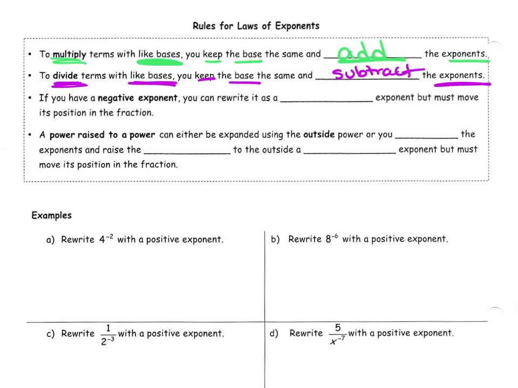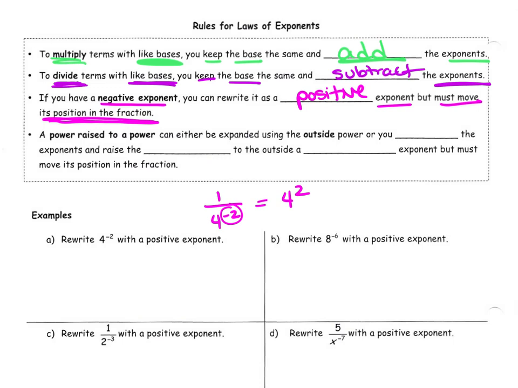All right, I'm just reiterating all the facts we just talked about. If you have a negative exponent, you can rewrite it as a positive exponent, but you must move it into the denominator, okay? Or the numerator. It's actually going to depend. You could see something like this. And to get rid of that negative exponent, we would actually raise it up. So it's just flip-flopping.